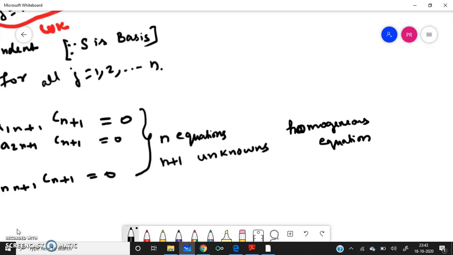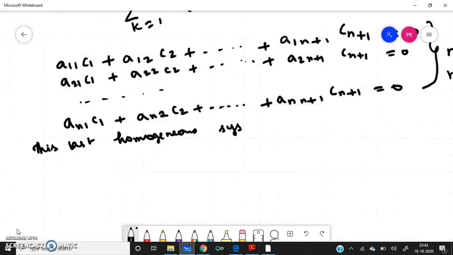It is also a homogeneous system of equations. The last homogeneous system has fewer equations, because we need n plus 1, but there are only n equations. That is why we call it fewer equations than unknowns.